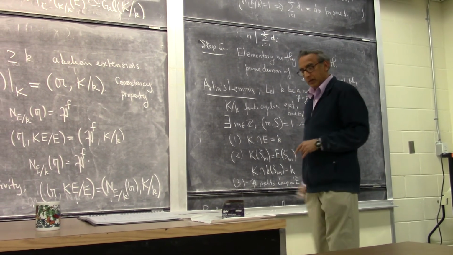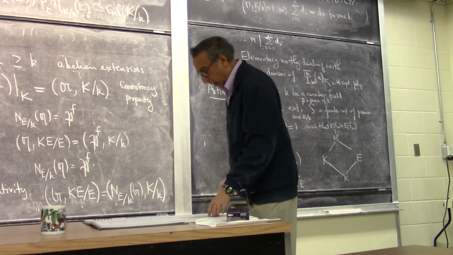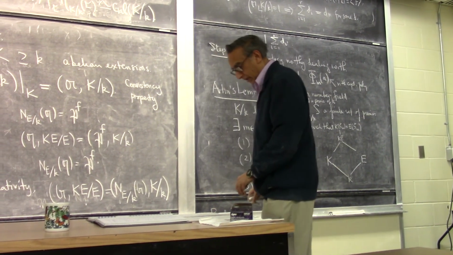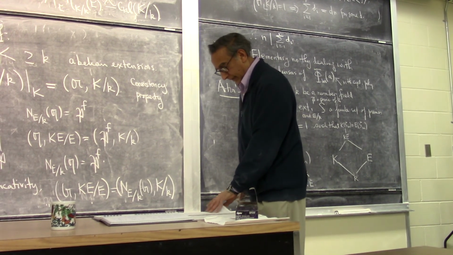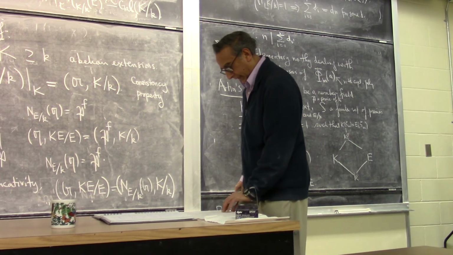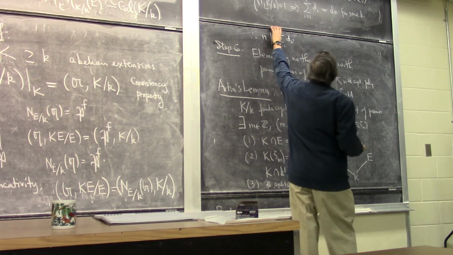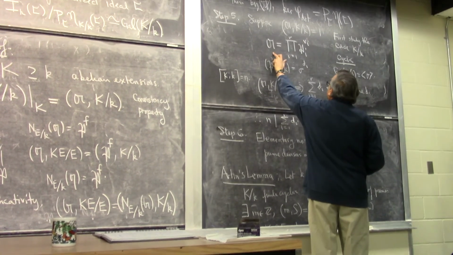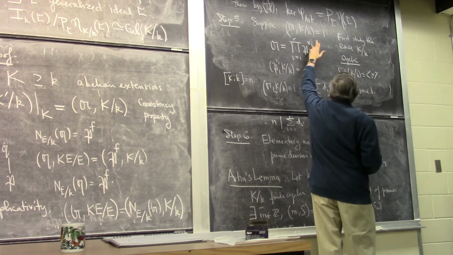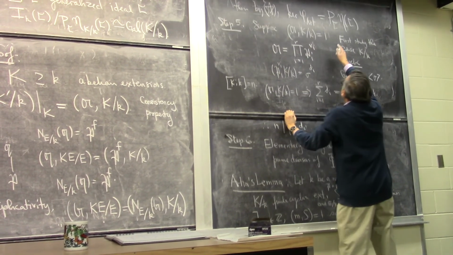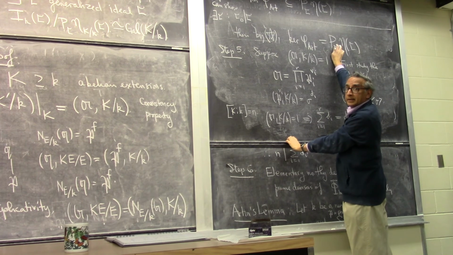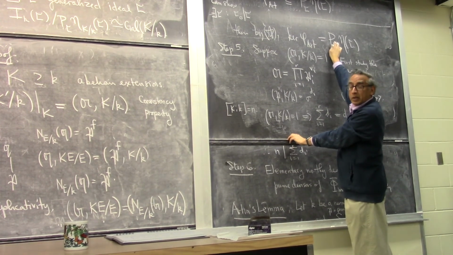Using the functoriality of the Artin symbol, conclude that the ideal you started with, which was in the kernel, is actually an element of this compound. So that's basically the proof.